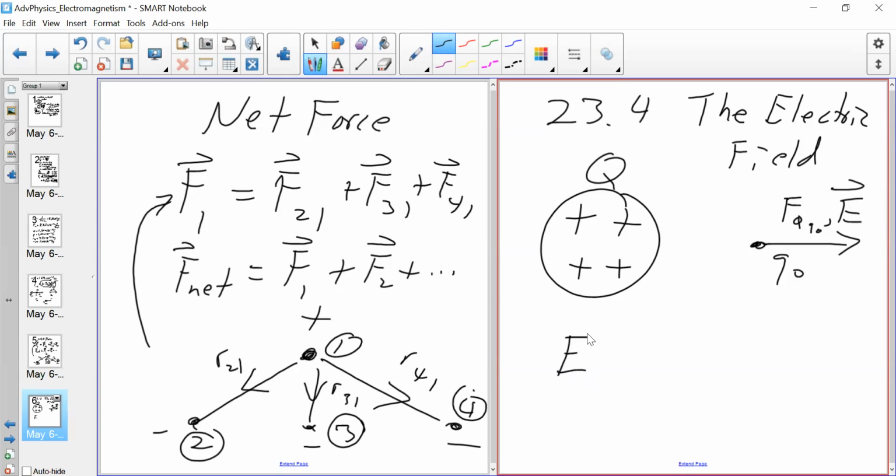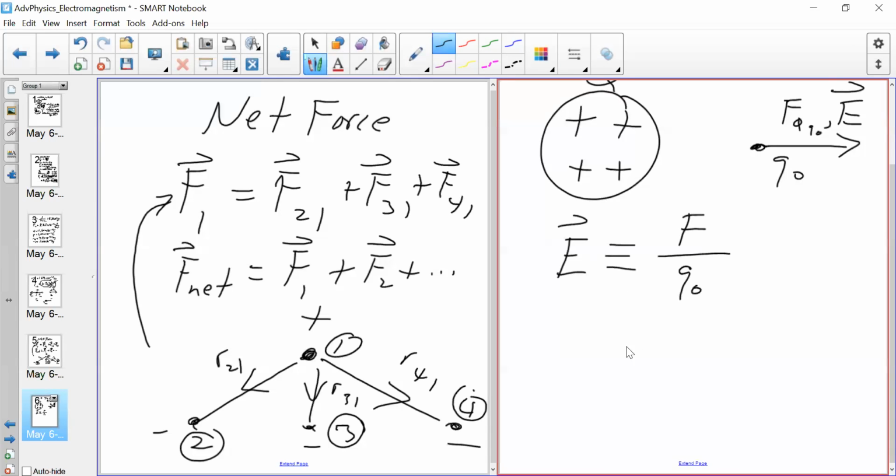So experimentally determined, the electric field is defined as the force between these 2 charges, or the force of this charge on this test charge, force divided by Q naught, because only in this configuration are we looking at the electric field and force on Q naught. Well, I'm going to take a step further.